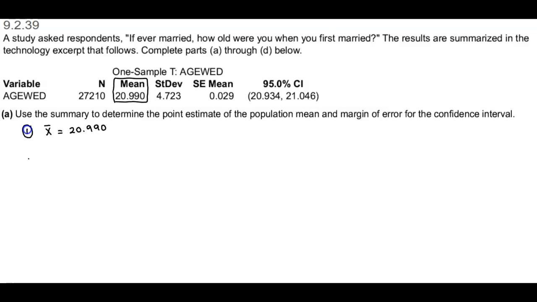The next thing we want to find is the margin of error. So remember that the upper bound is equal to the point estimate plus the margin of error.